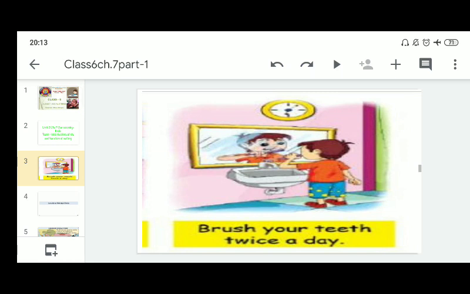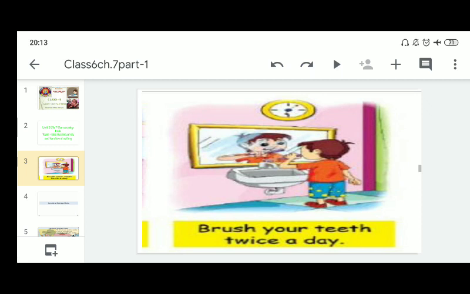Children, you know that teeth are a very important part of our body, because with the help of teeth we can chew our food very well, and chewed food is easily digested. So it is good for us. So children, we all should brush our teeth twice a day, in the morning and in the night before going to bed.